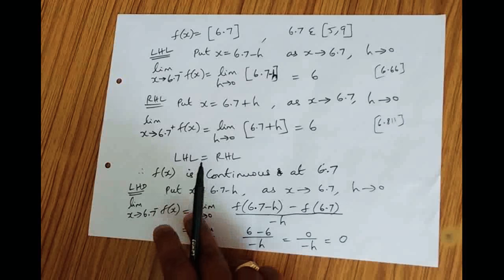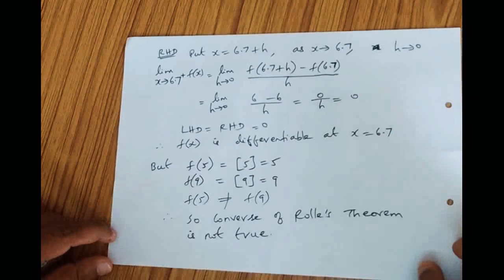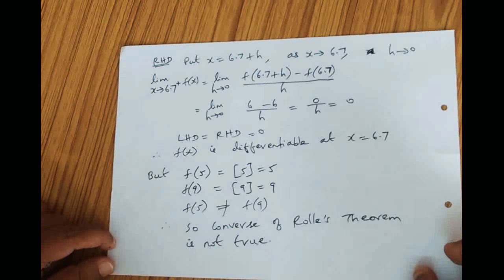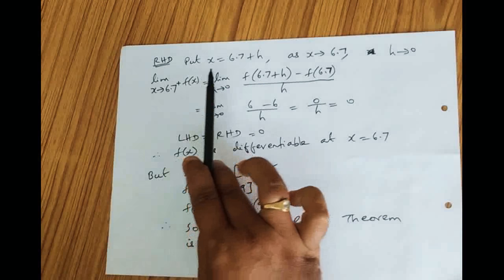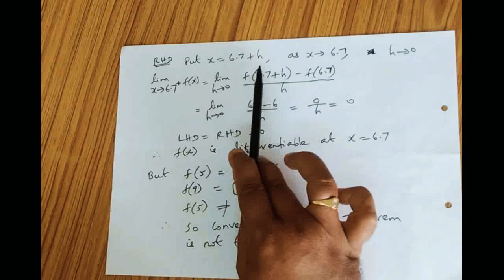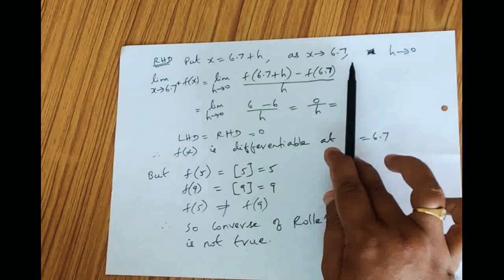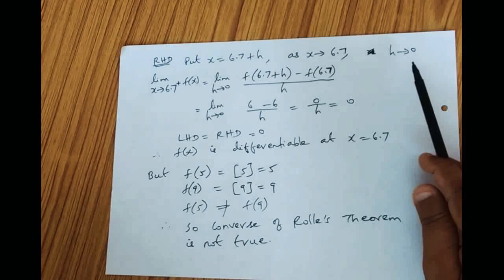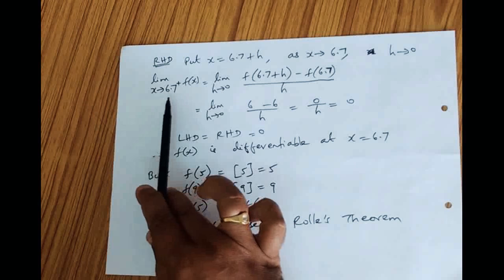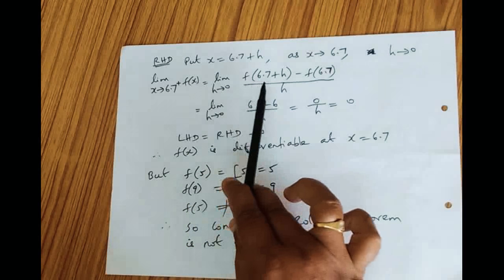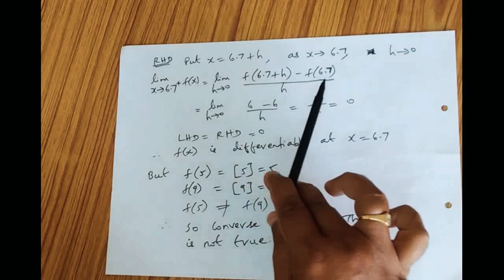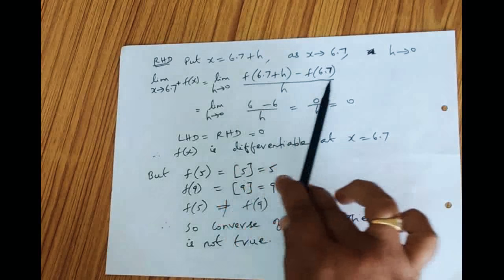Now we have to check the RHD. Put x is equal to 6.7 plus h. As x tends to 6.7, h tends to 0. So limit h tends to 0, f of 6.7 plus h minus f of 6.7, by h.